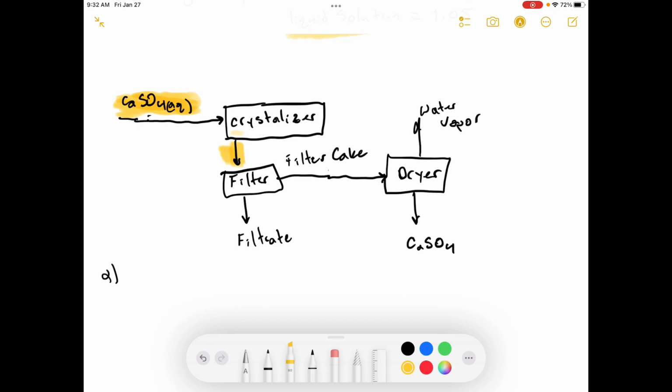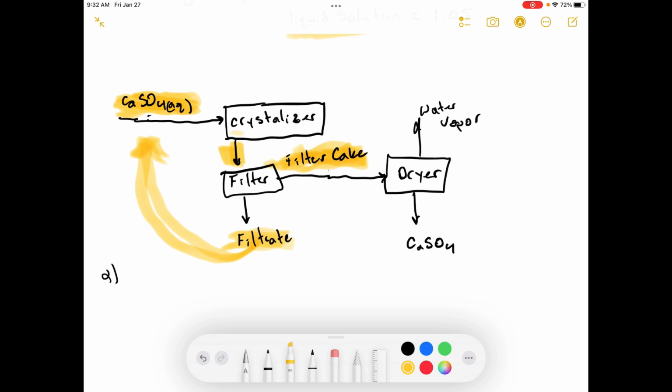After it comes out of the crystallizer as a slurry, meaning it has solid particles in it, you can filter off those solid particles. And then you have a filtrate, which is an aqueous stream. You'll probably recycle some of that back around this way. So the filter gets rid of those solid particles, some in the filter cake, and then some you are putting your calcium sulfate back into this crystallizer.